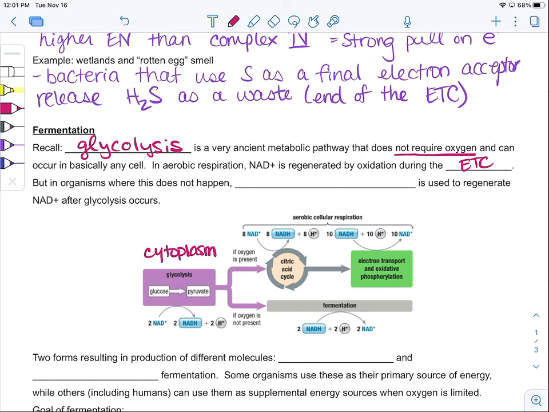All of these NAD plus that we see in our diagram, such as here or here, are all coming from the electron transport chain. This little diagram down here is really just meant to show what happens to those NAD plus. They get essentially recycled. You can see NAD plus over here in glycolysis as well. Also, I missed one down there, but I'll talk about that in a second.